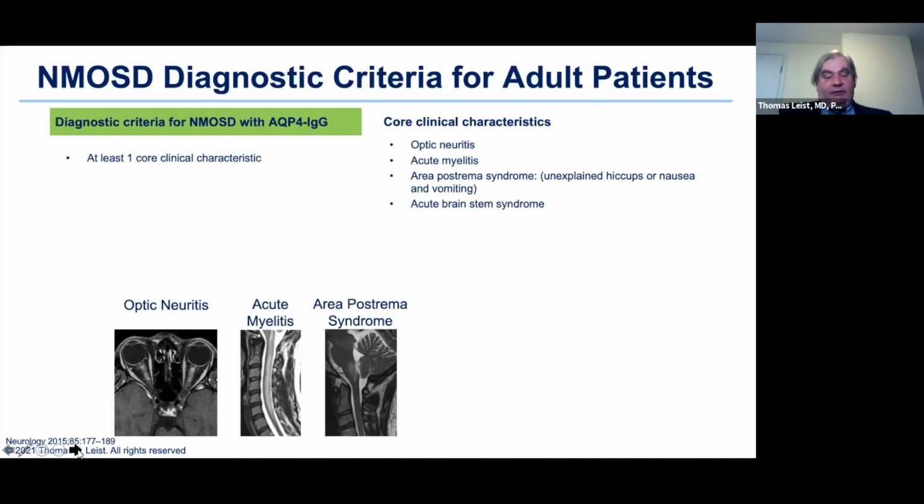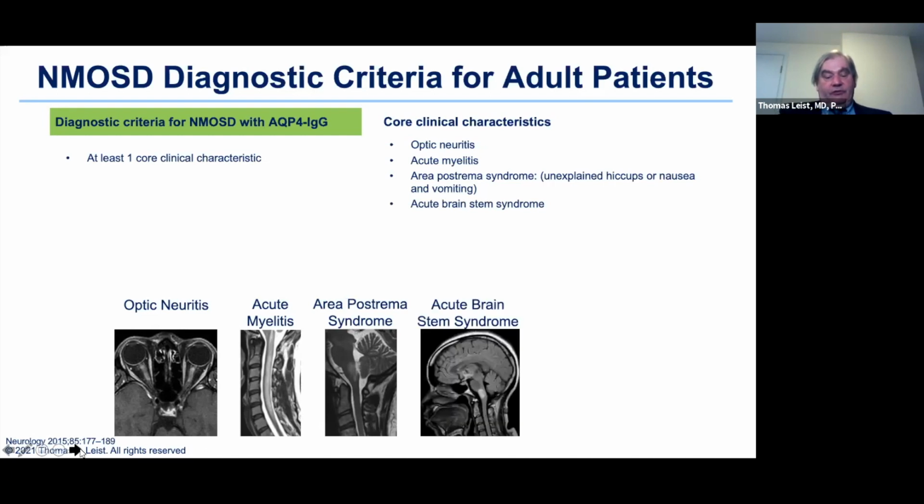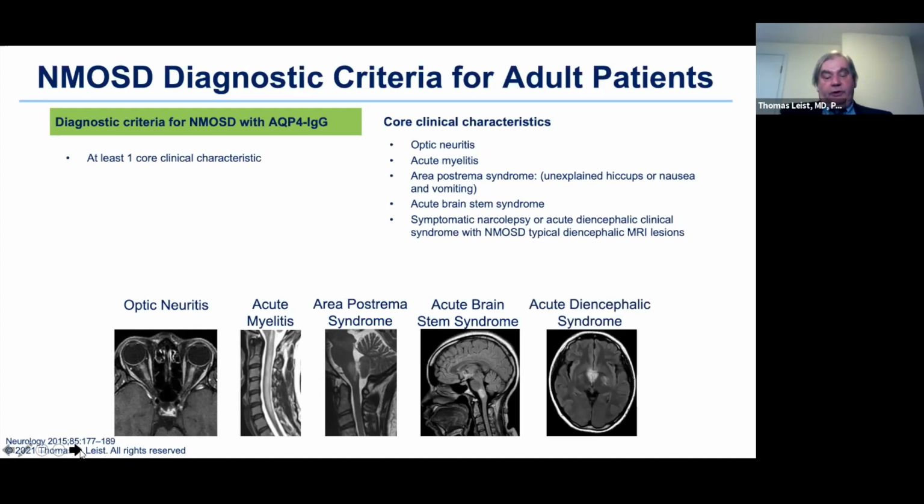And then we have individuals with an acute brainstem syndrome. You see it over here, where the inflammation is right on top of the spinal cord. And obviously this can lead to a lot of weakness and a lot of dysfunction with the eyes. And then there are the other syndromes, and the most prominent one here is the diencephalic syndrome.